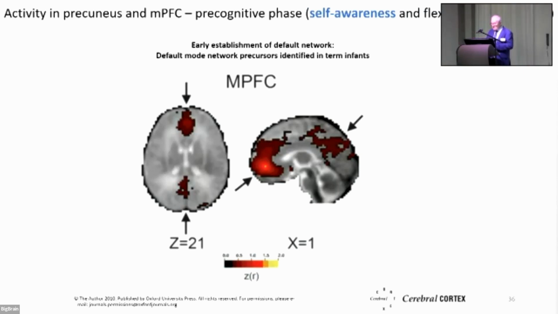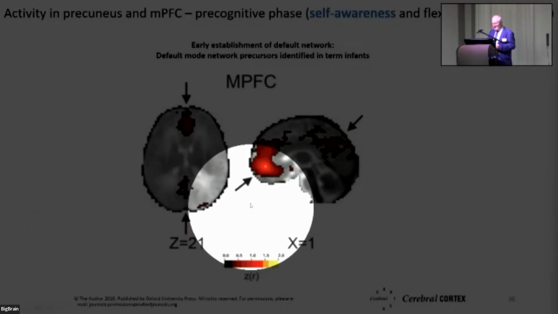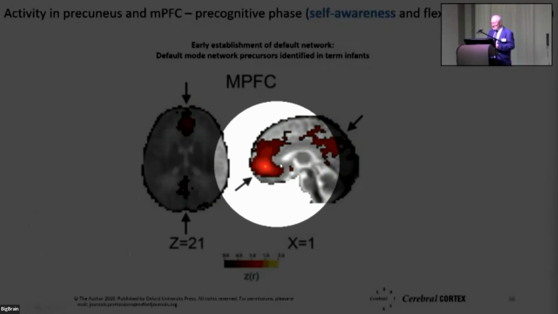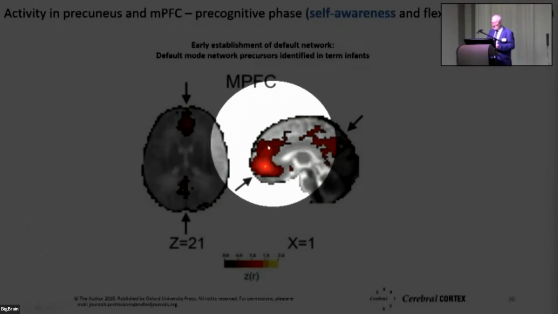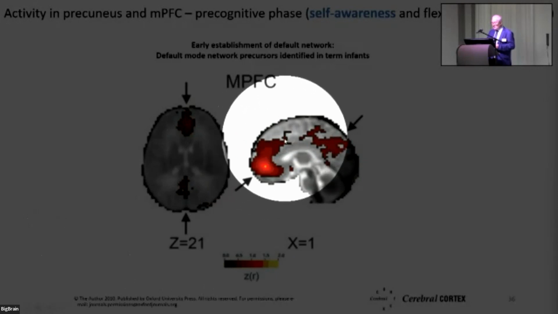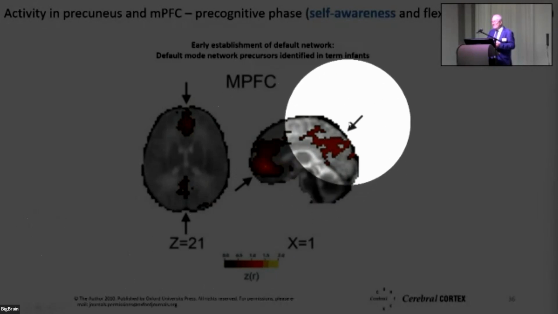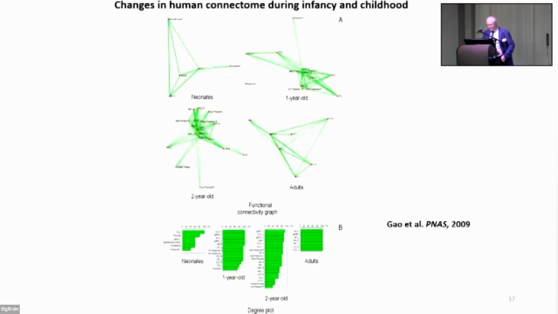And in this context, it's important that two groups have shown that one of the earliest resting state activities in a newborn is in the medial prefrontal area, including anterior cingulate cortex and precuneus retrosplenial area, which are known hypothetically as self-awareness and theory of mind areas.